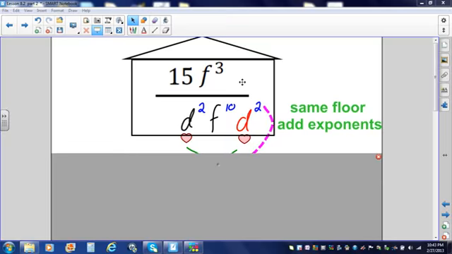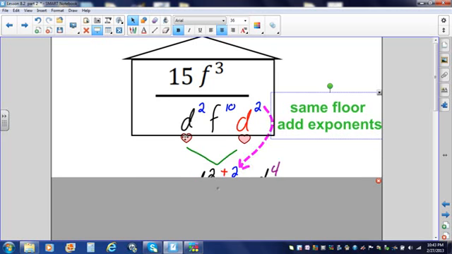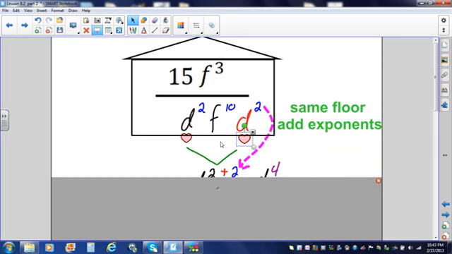Now our problem looks like this. Notice that I have a D and a D. That is the same base. So if you have the same base on the same floor, you add the exponents. So this is kind of like a heart and a heart. If they're on the same floor, add the exponents.